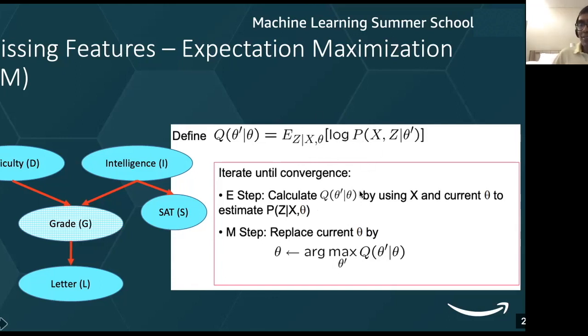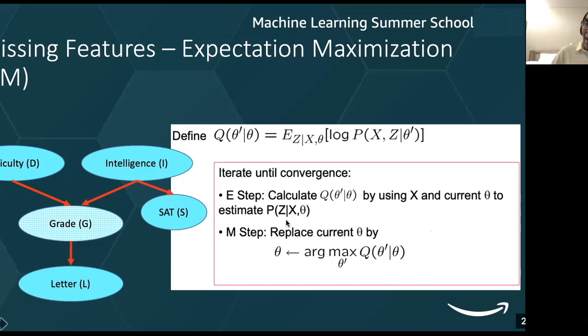You fill in the missing features, and then you use gradient descent on that particular likelihood to estimate a better theta, or theta dash, right? In a general scenario, you would not be able to very accurately identify what those missing feature values are likely to be.